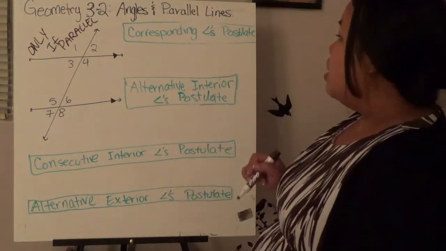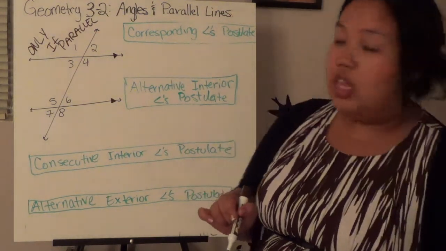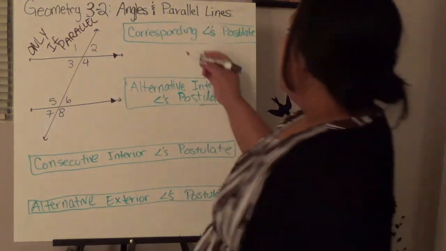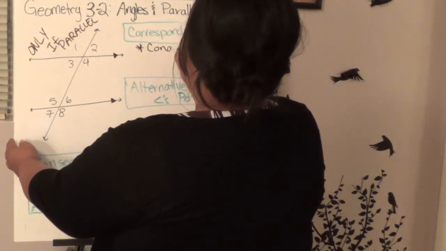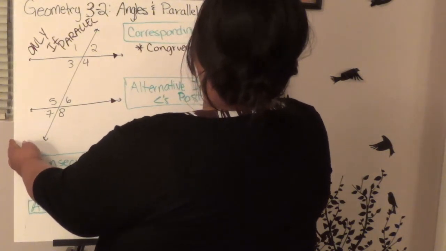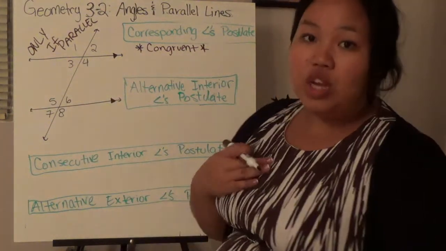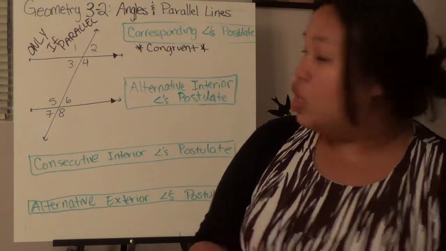So corresponding, remember, is the same position, different line. So angle 1 and angle 5 are corresponding. So corresponding angles are congruent. So that means if a transversal cuts two parallel lines and I find corresponding angles, then they are now congruent.